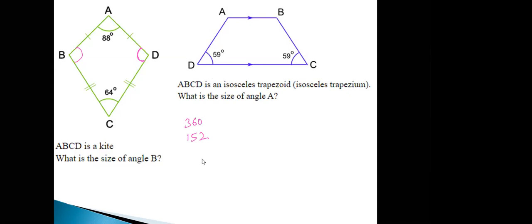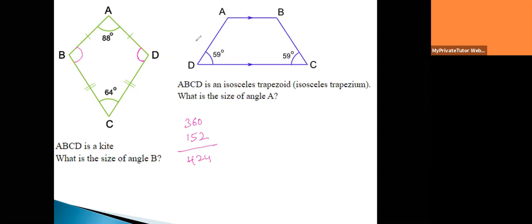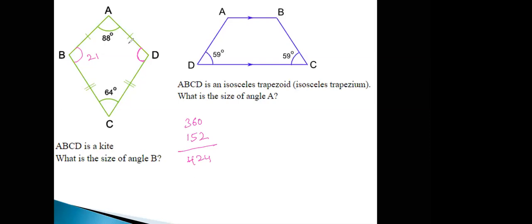So we'll get 424. 424 divided by 2, which is 212. I think that's it. Okay, I added wrongly. Sorry, guys. I think you're right. You're right, Joseph.